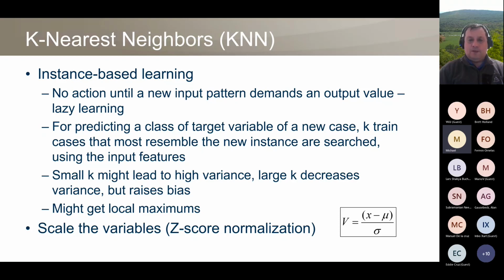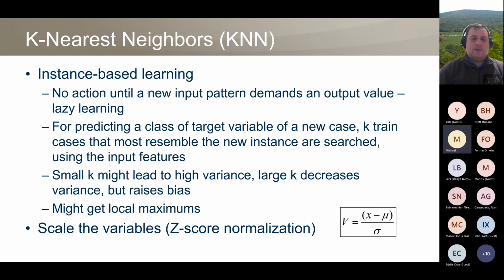It can even be discrete, so for a discrete variable we can use the distribution of this discrete variable in this set of k cases. And then we use this value, average or median, as a prediction for this new case.